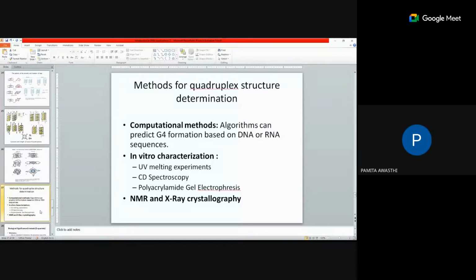So with computational algorithms, G4 formation can be predicted based on DNA and RNA sequence. For in vitro characterization, there are UV melting experiments, CD spectroscopy, gel electrophoresis, fluorescence, etc. So many techniques are there for in vitro characterization, which will let us know whether it is parallel, anti-parallel, double strand, or a quadruplex kind of structure.